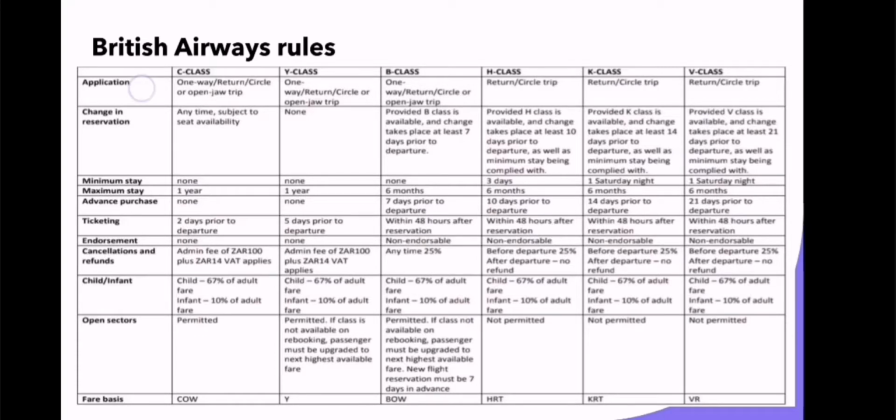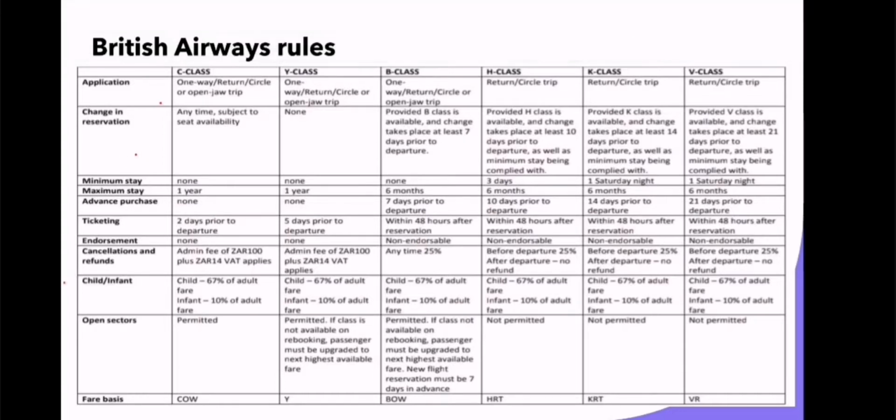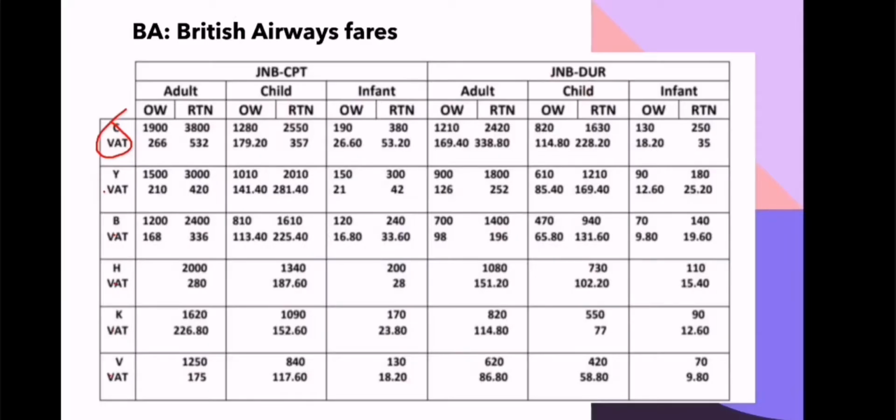For example, how you must apply each of the classes, which tickets you must apply them to, and so forth. We will come back to these rules so that we can understand them properly. Each class will be governed by the rules on the next page, which will advise you on how to treat that fare.